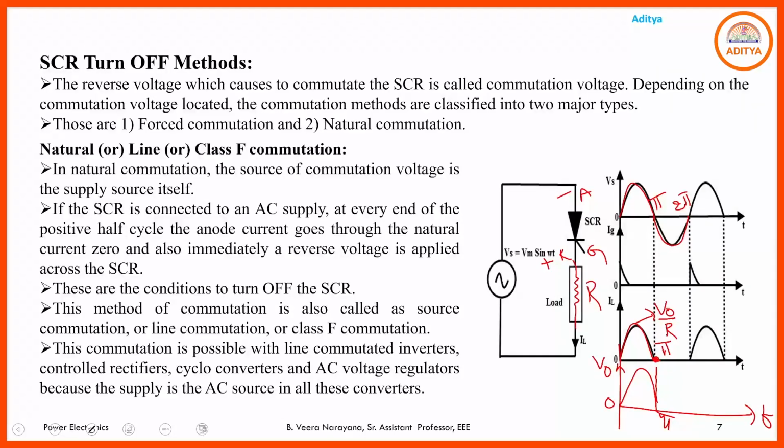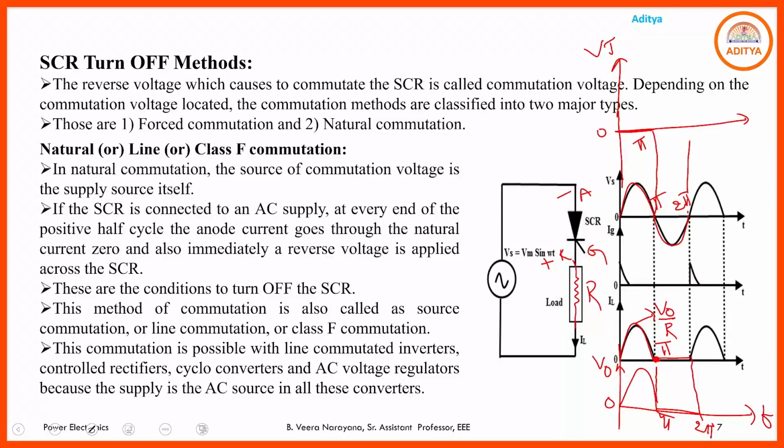So if the SCR is in the off state, there is no voltage and no current from pi to 2 pi. If you draw the voltage waveform across the thyristor, from 0 to pi it is in the on state, hence there is no voltage.